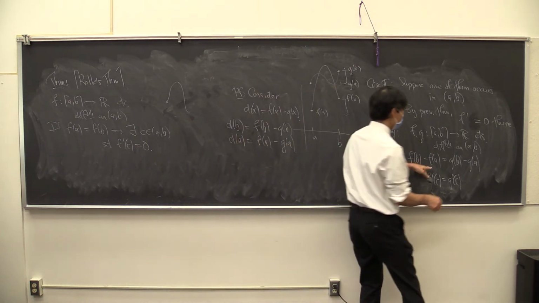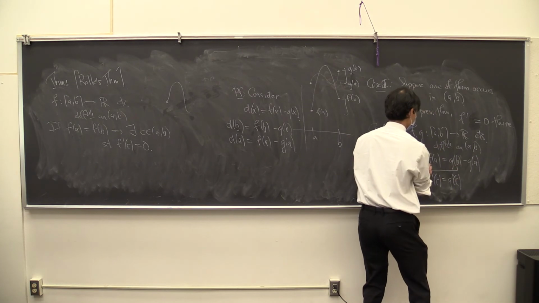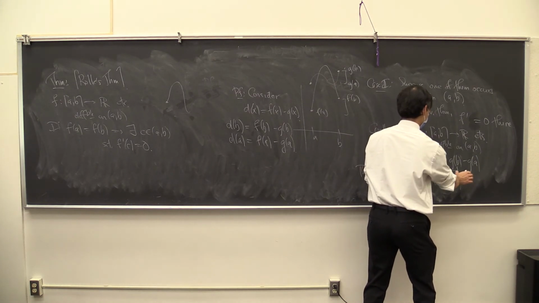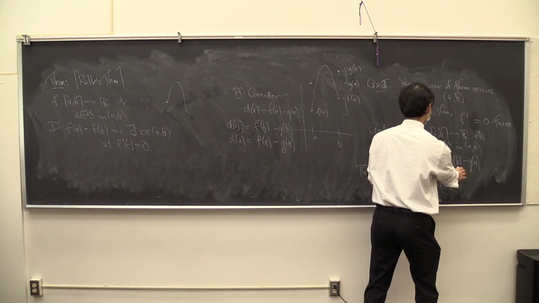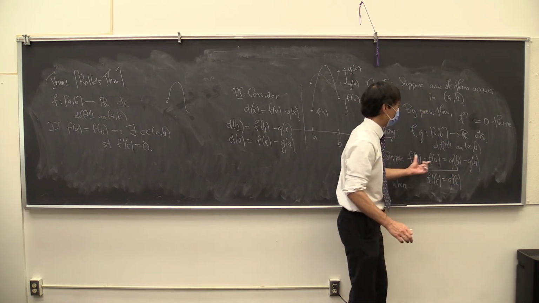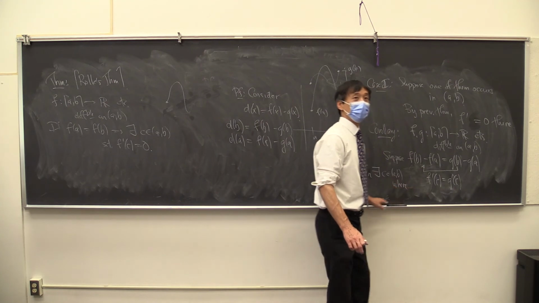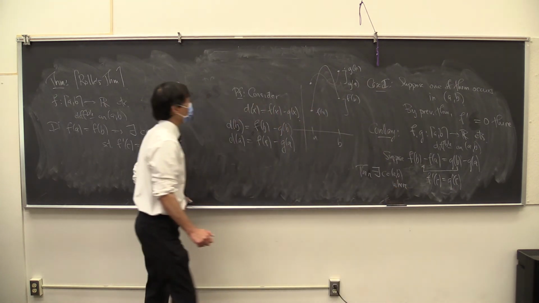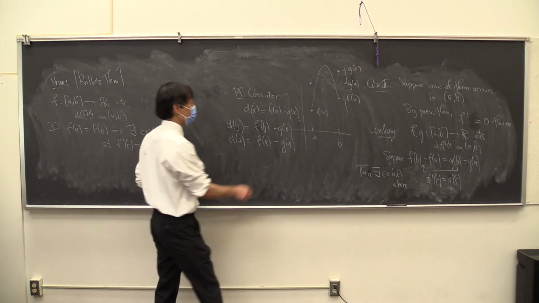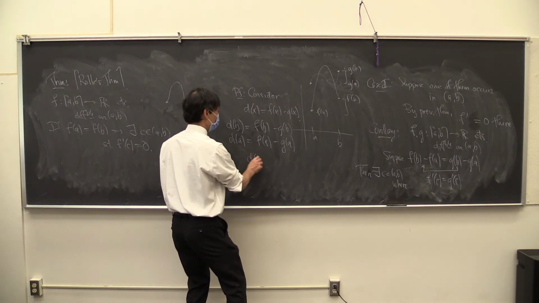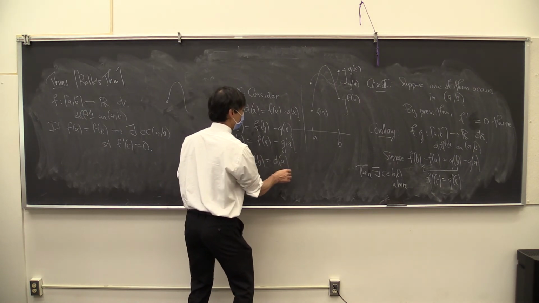But you see that those are the same, right? If I move this to here and that to there, I get f of b minus g of b equals f of a minus g of a. Okay, so these things are equal. So d of b equals d of a.